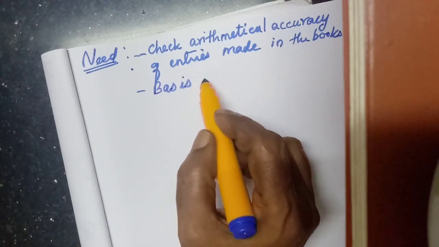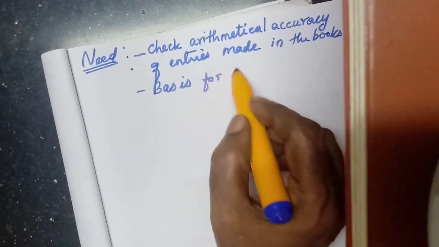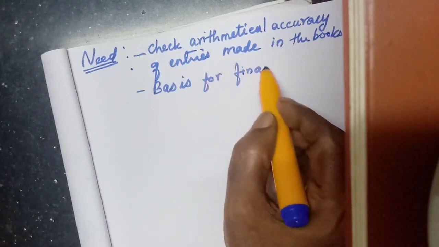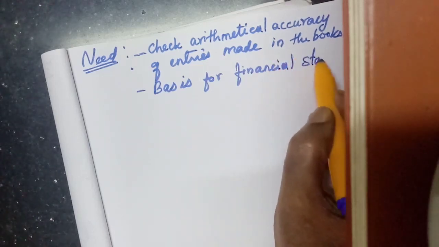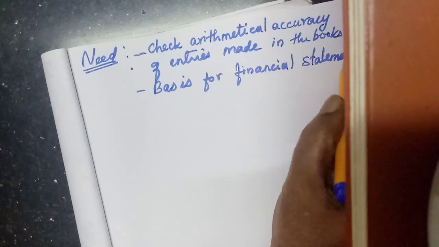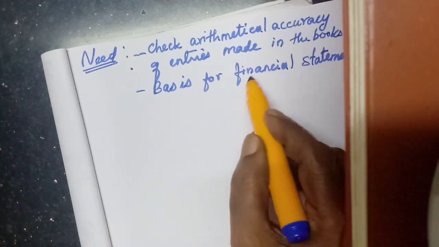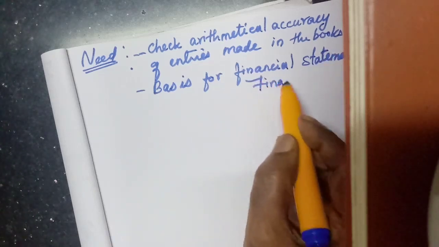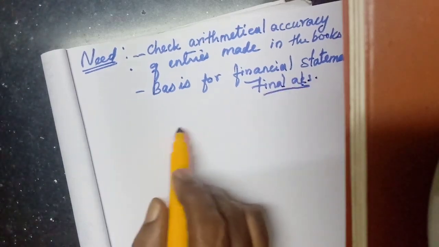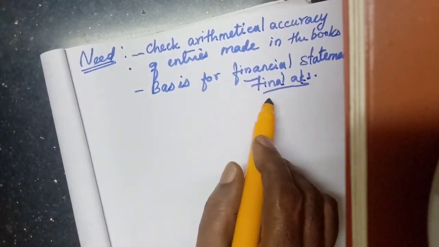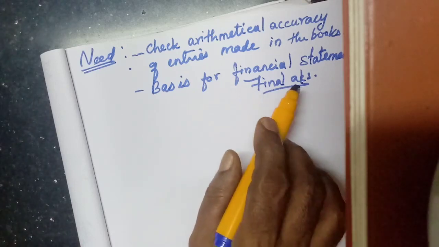preparation of financial statements. With the help of the trial balance only, we will prepare the financial statements or final accounts, we say. What are the final accounts? The trading and profit and loss account and balance sheet.